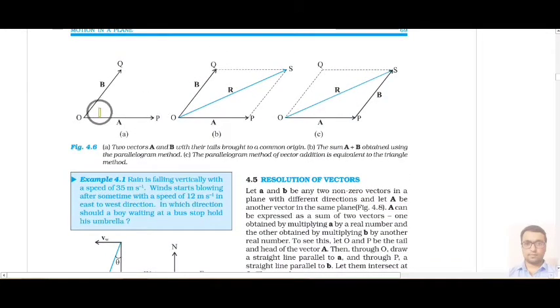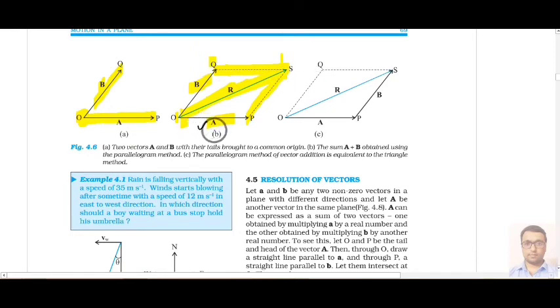Now we have one more method. If we want to add two vectors like vector A and vector B, then we will join their tails together at origin like this, and the A plus B vector, that is the summation of first and second, will be given by the diagonal of a parallelogram, and that parallelogram will be constructed like OPQS.